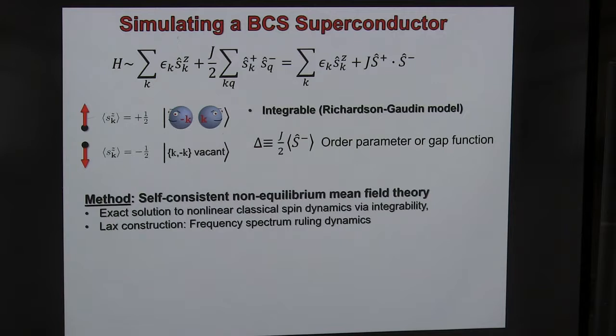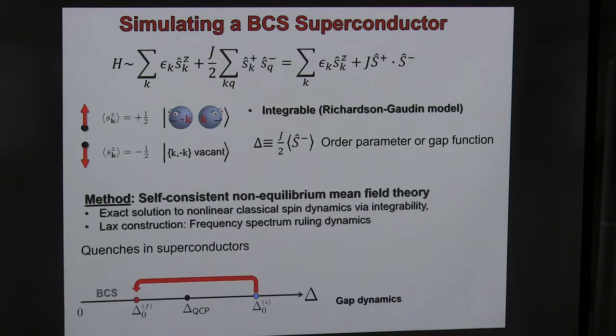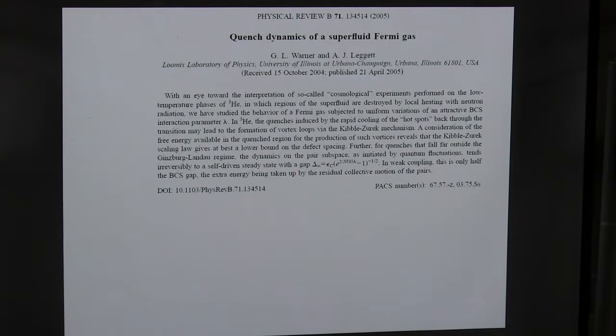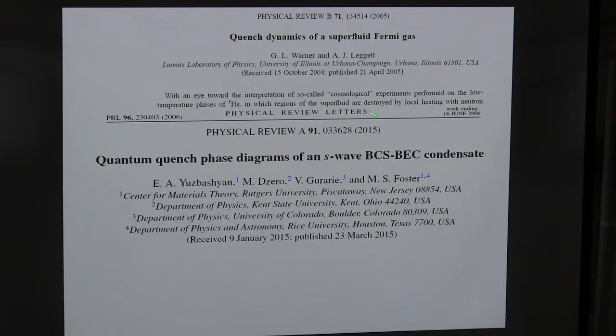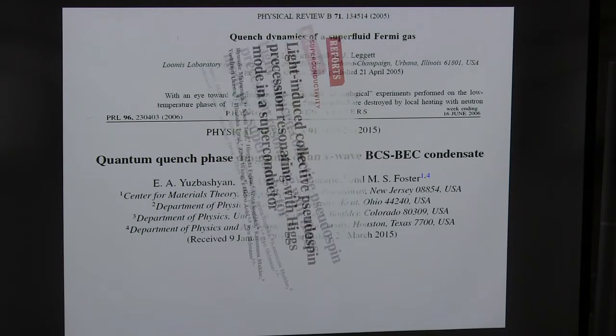So this Lax construction has been used to model the dynamics of quenches in superconductors many years back. If you look in Scopus, you can find all the papers written since 2004 on the dynamics of this Lax construction for superconductors, even from Tony Leggett in 2005, 2006, and many papers, even in 2015, trying to improve this construction of the Lax parameters of superconductors.